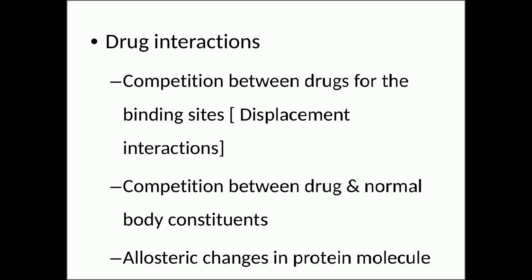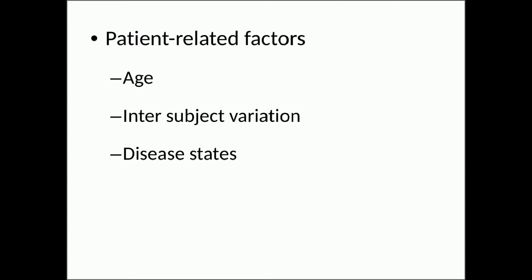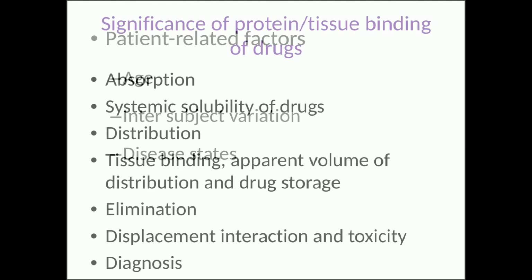There is also competition between the drug and normal body constituents, and allosteric changes in the protein molecule. Next are the patient related factors, in which the predominant factors are age, inter-subject variation, and the disease state.